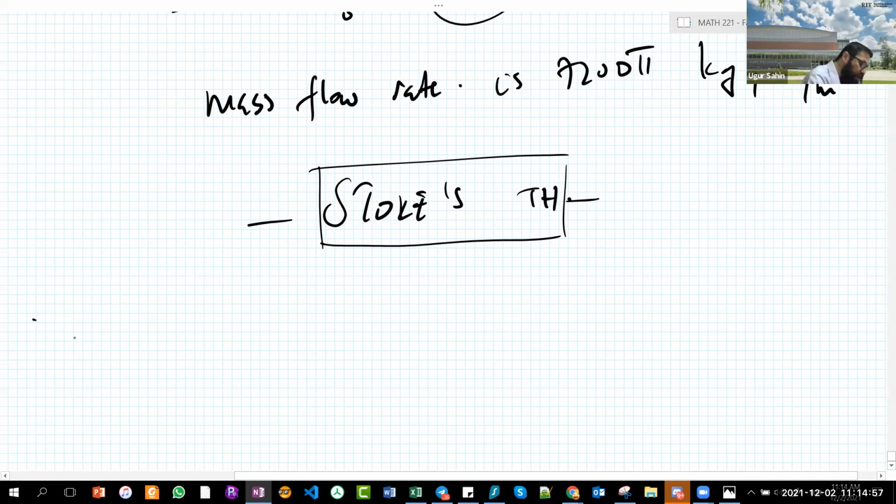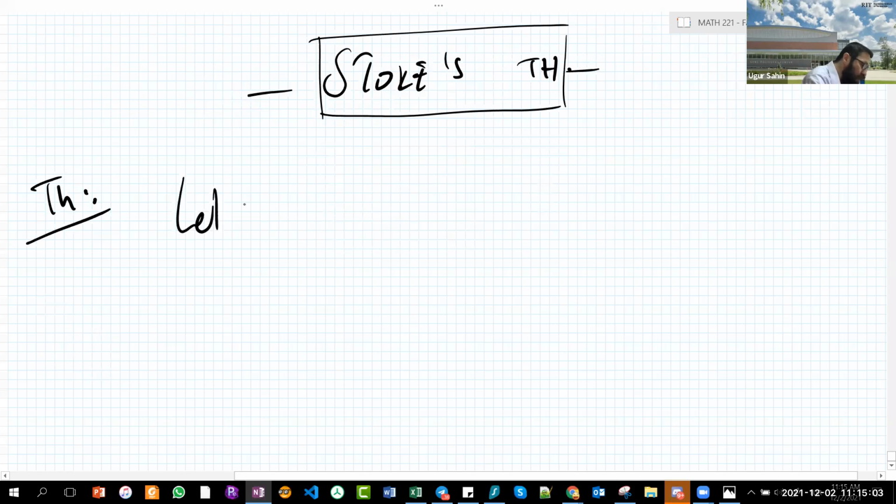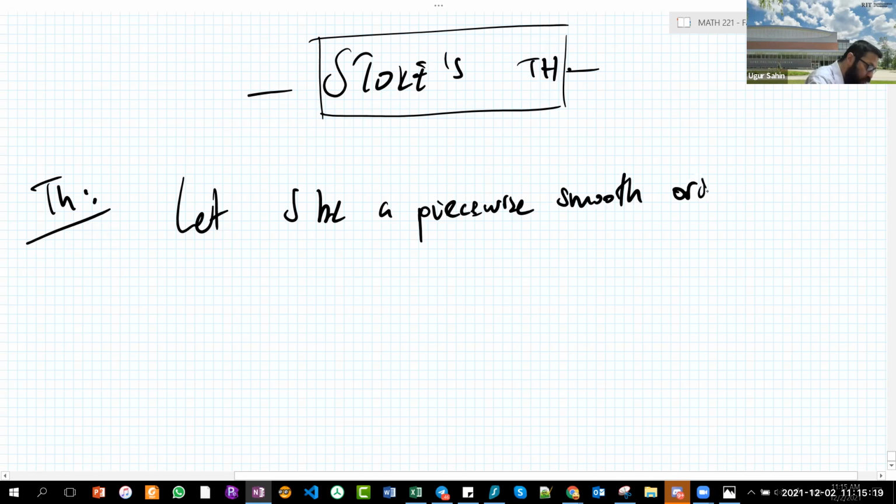All right, let me give you the theorem after all these introductions. Let S be a piecewise smooth oriented surface. This orientation actually, I'm not going to dive into that part. This orientation comes from the perpendicular vector we use in the surface integral, guys. The orientation comes from that perpendicular vector direction.